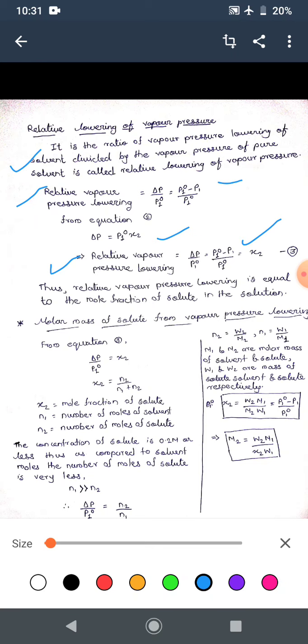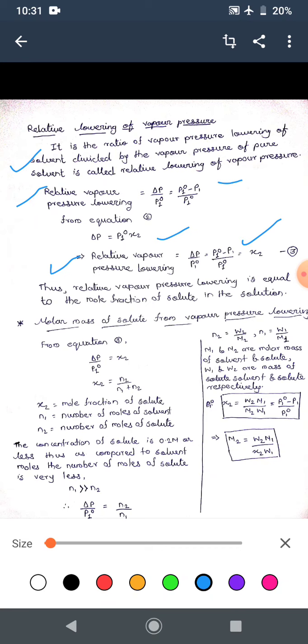Now, we will calculate the formula for the molar mass of the solute from vapor pressure lowering. The equation 3 which is given here has delta P upon P1 naught is equal to x2. So, from this equation, x2 is nothing but the mole fraction of the solute.